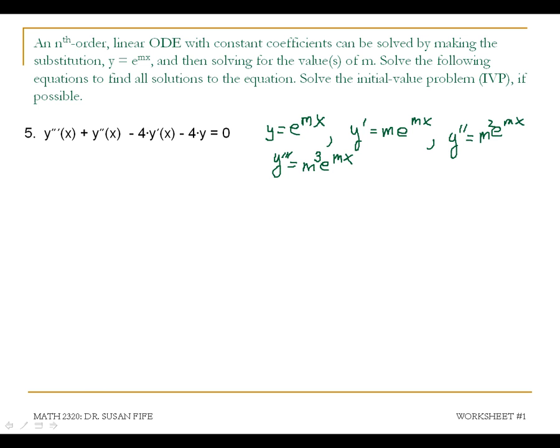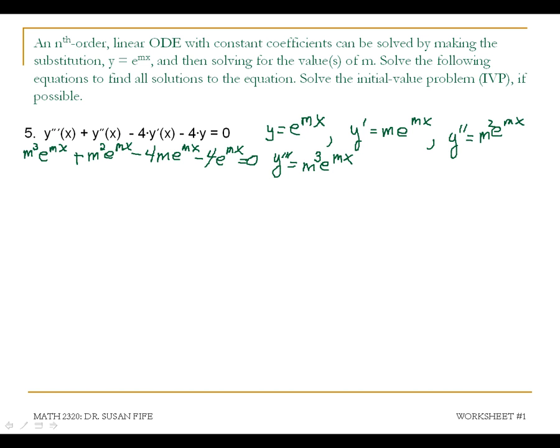So when I substitute into the equation, this is a third derivative. When I substitute in, I'm going to get m to the third e to the mx plus m squared e to the mx minus 4m e to the mx minus 4 e to the mx is equal to 0.